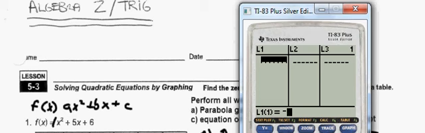So I'd go -4, -3, -2.5, -2, -1, and then highlighting the heading of L2, I can type in the quadratic expression, using L1 as my x.